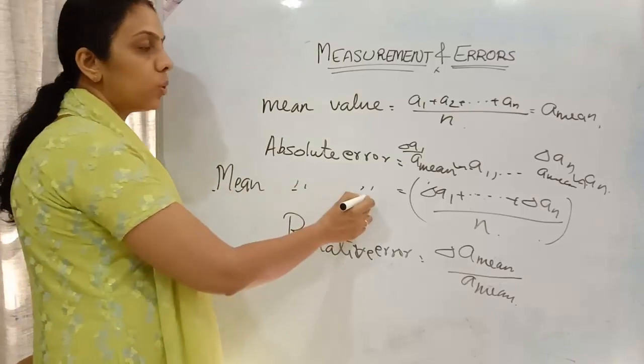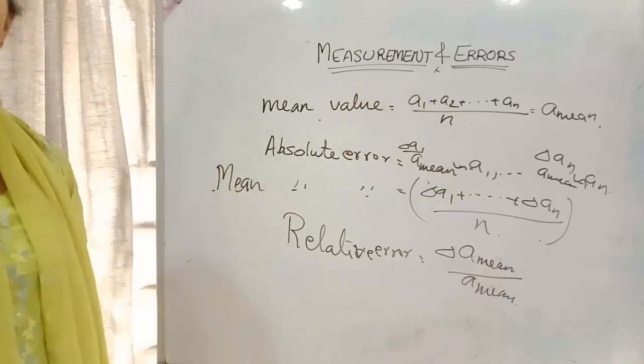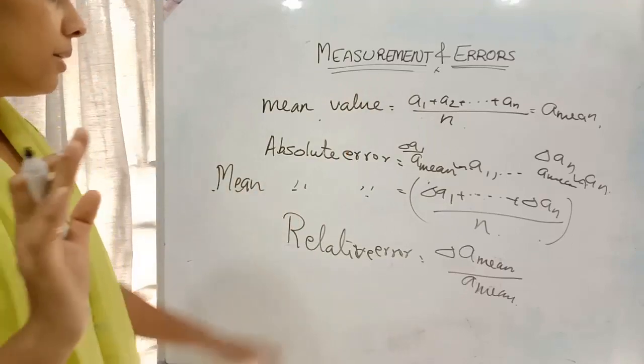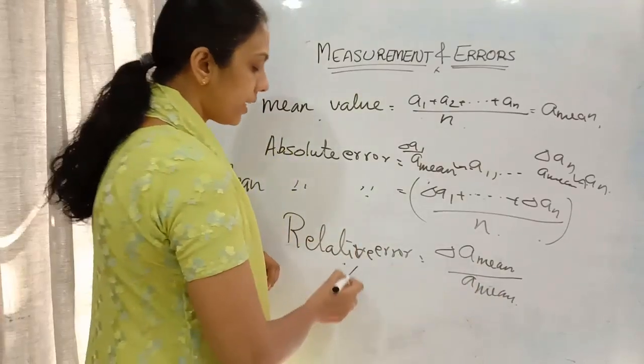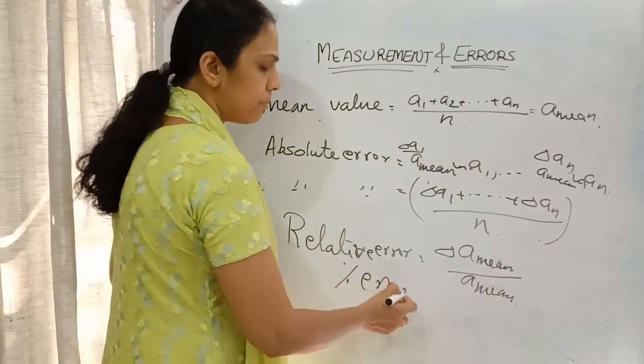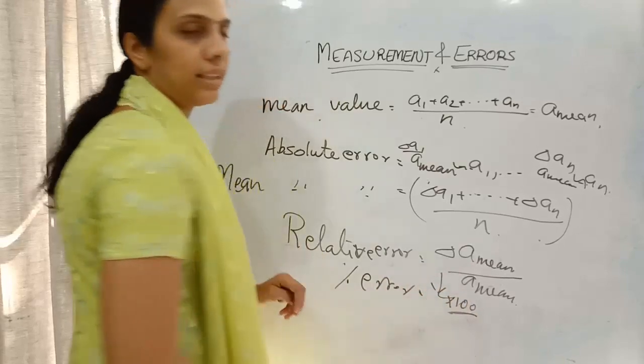Mean of absolute errors divided by mean value of the measured values, that is relative error. Next is percentage error. If we calculate the relative error in percentage, multiplying by 100 will give you percentage error.